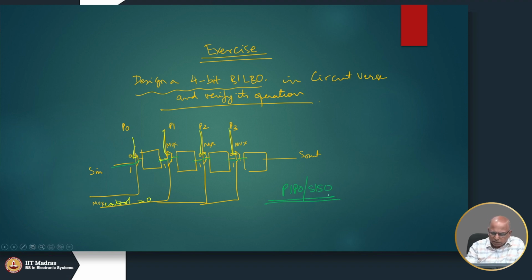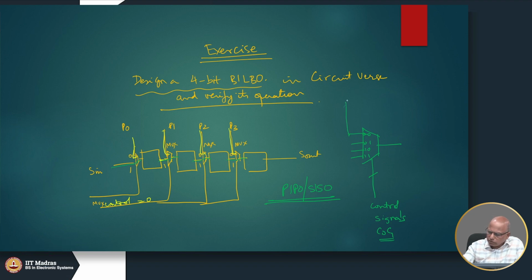If you add more multiplexers, or if you add a 4 to 1 multiplexer, which has 0 0, 0 1, 1 0, 1 1, 4 ports and 2 control inputs. So in the parallel in, parallel out mode, you can connect the P0, P1, P2, P3.